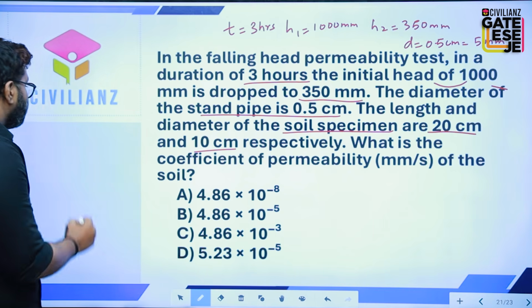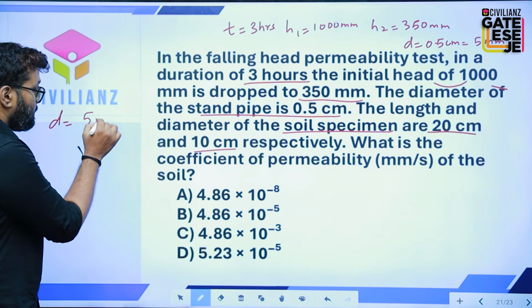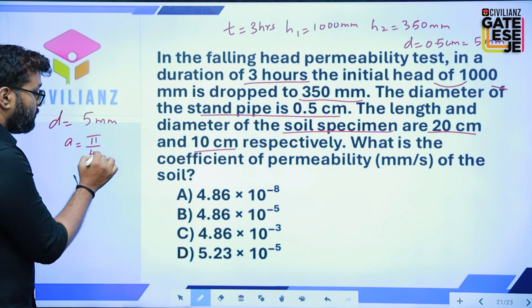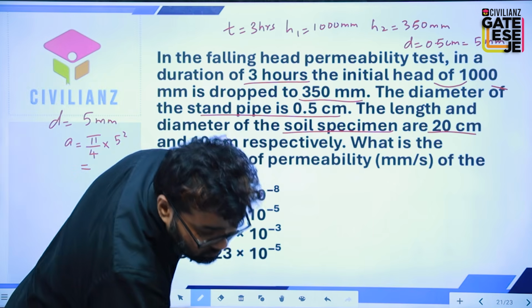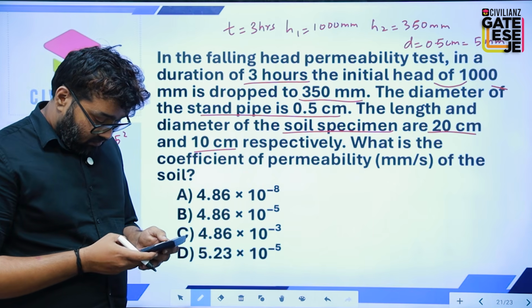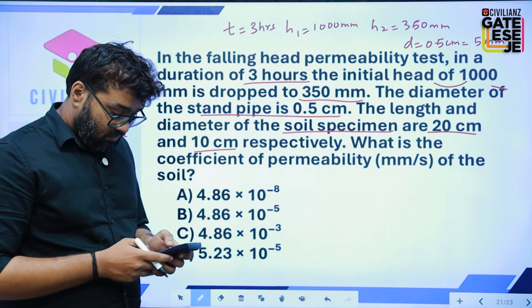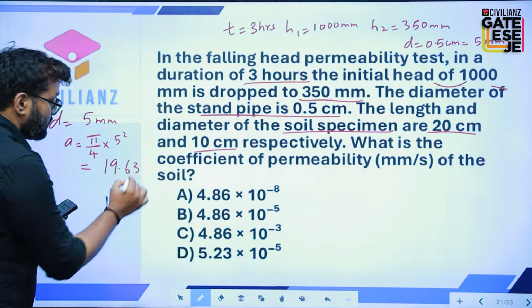So the diameter of standpipe is given as 5 mm. So the area is pi by 4 into 5 square, which is equal to 19.63.